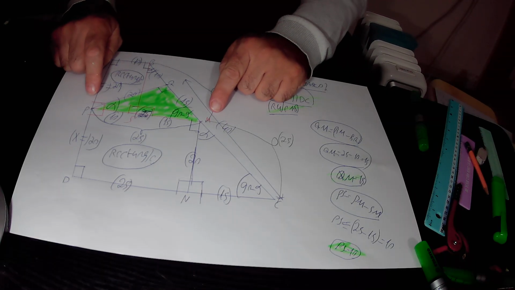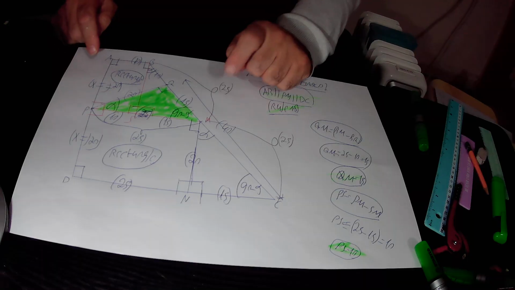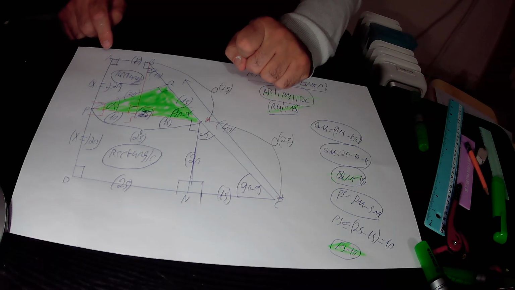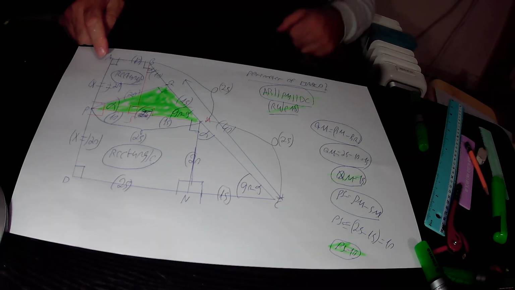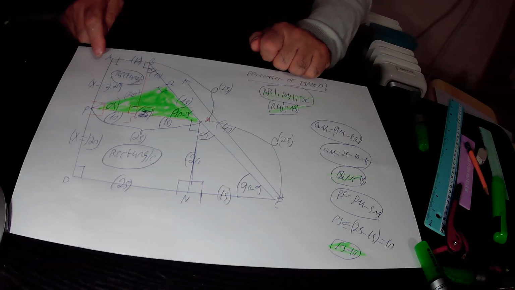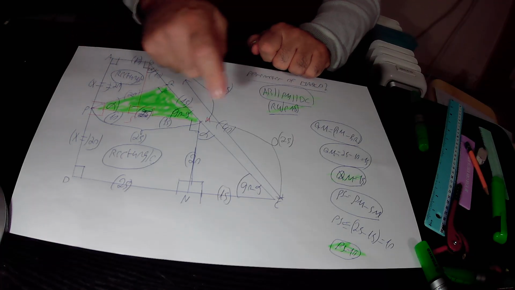But what is the length of mid-segment PM? According to the trapezoid mid-segment theorem, the length of PM is equal to the sum of the two parallel bases of trapezoid ABCD, that is AB plus DC over 2. But again, the length of the mid-segment PM is equal to AB plus DC over 2.